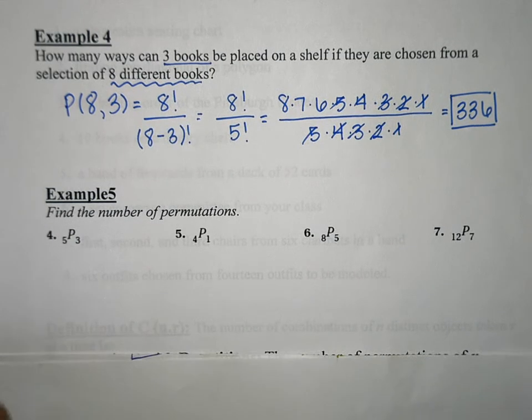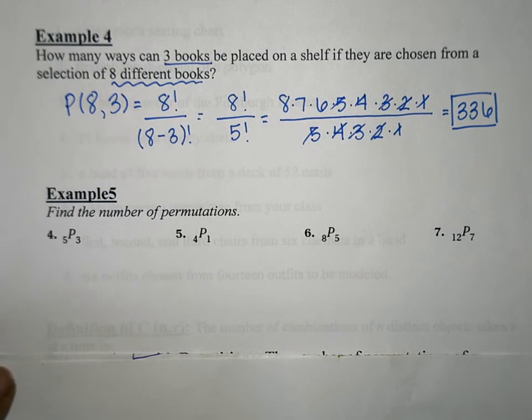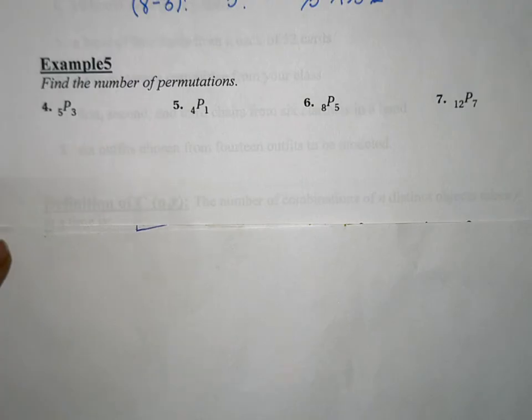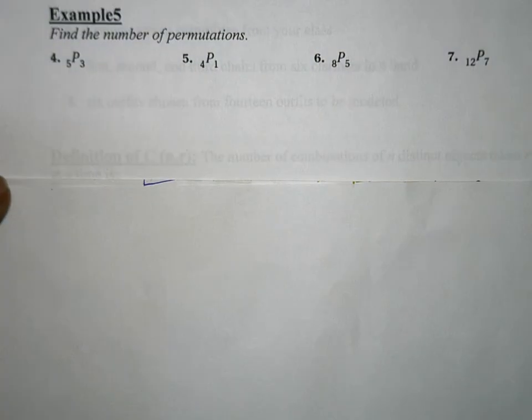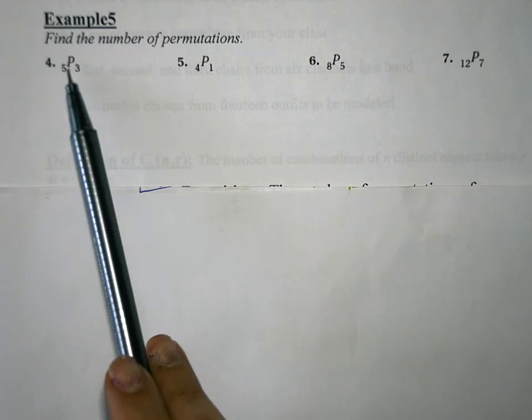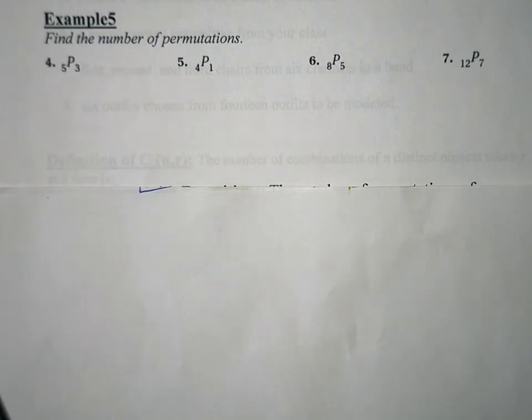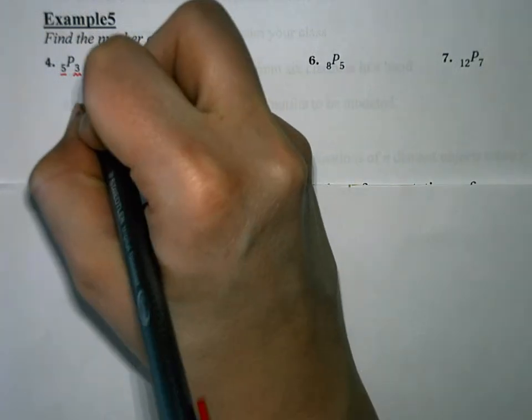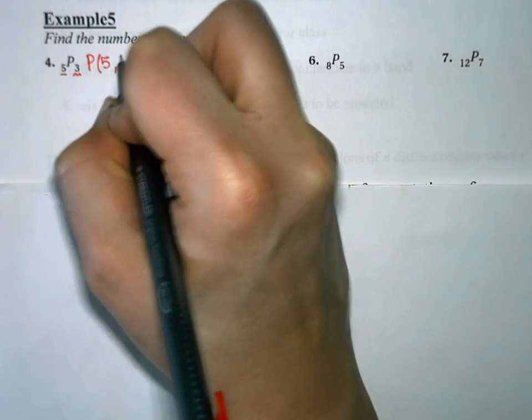So let's do some more examples. I'm going to have you guys do these on your own. So you're going to want to pause the video for a few minutes and have everybody together in your groups work on 5 permutation 3. Now this is a different type of notation. The first number is your n and the second number is your r. So this is the same as permutation of 5, 3.